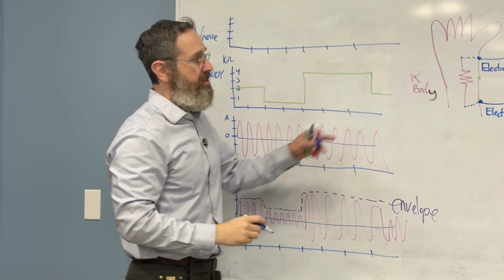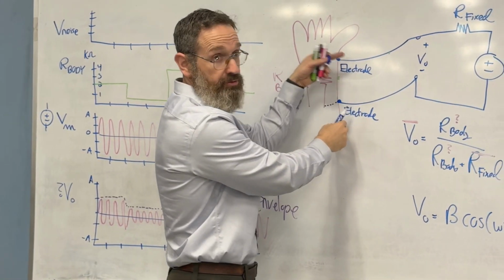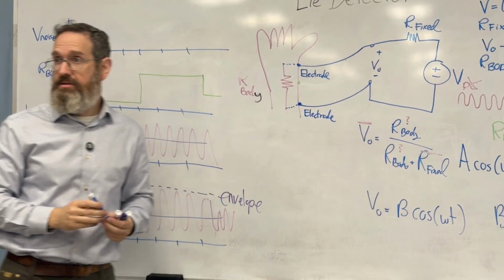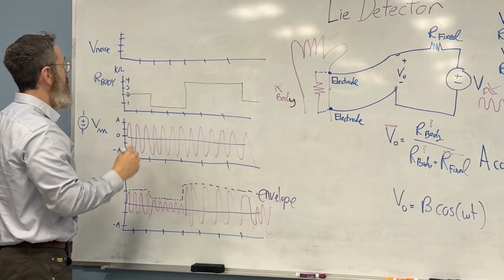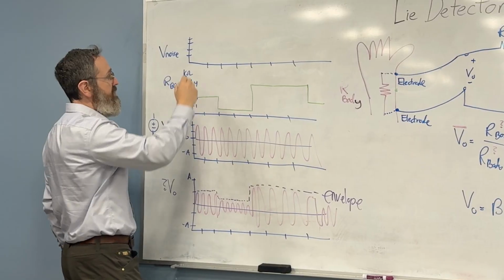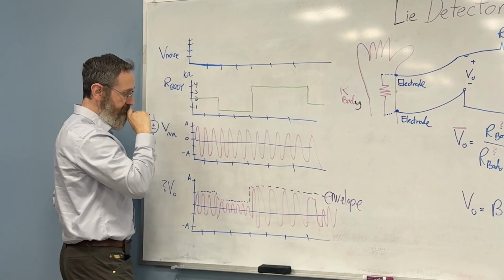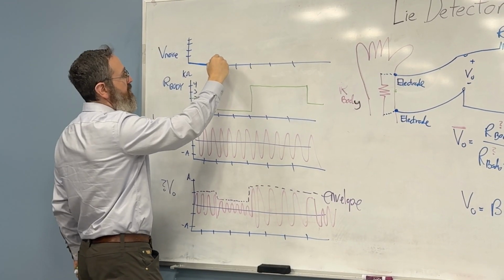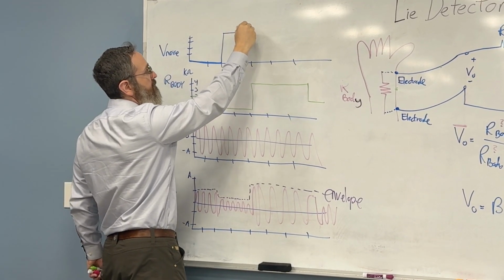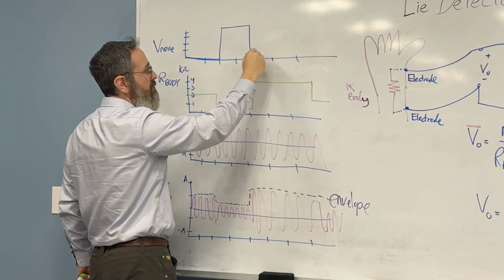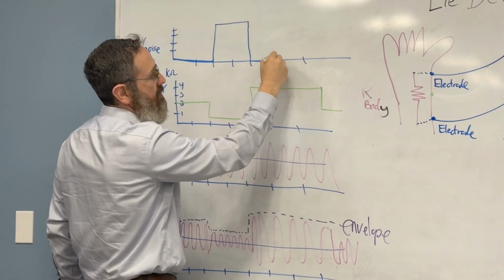I'm going to say that the noise is actually being introduced as a voltage, not as a change in resistance, and I'll explain this, okay? But for this point, I want to just do it this way because the example is going to be easier. And so the V noise, initially there is no noise, and then the noise becomes really big, and then it goes back to 0, and then it does this.